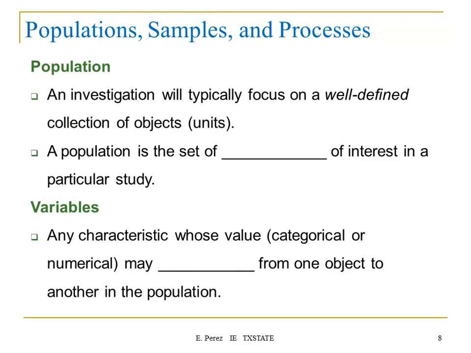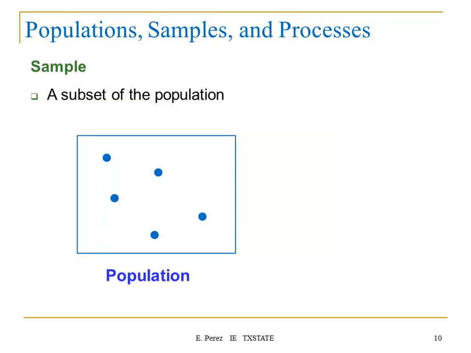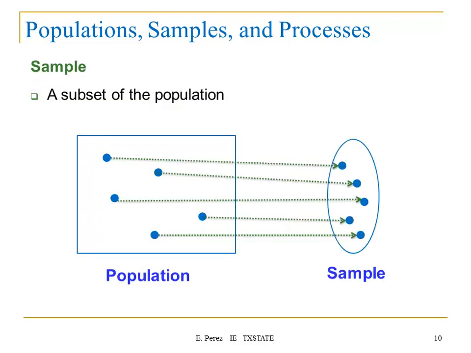Very good. So population, samples, variables basically provide some characteristics of your unit. And we presented some examples of population, objects and variables. And described again using this pictorial or figure the difference between a population and a sample.